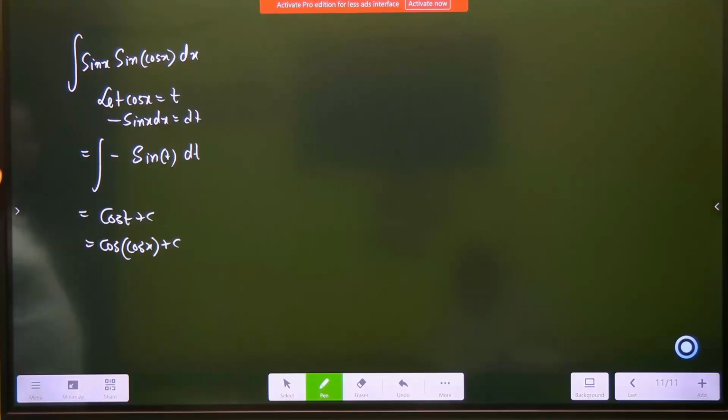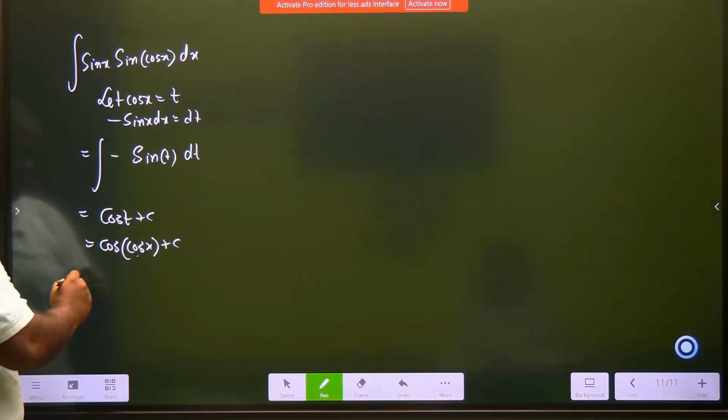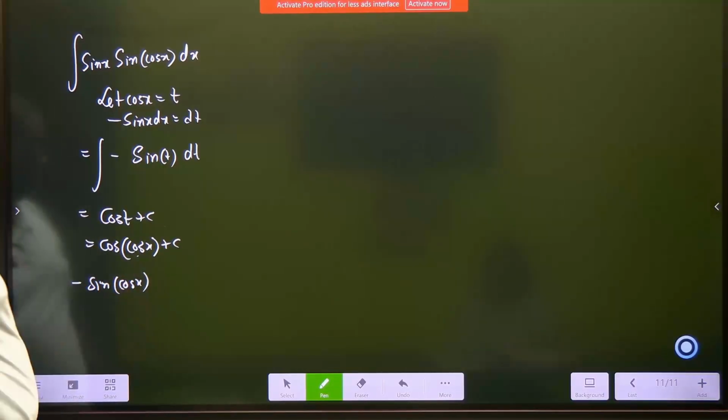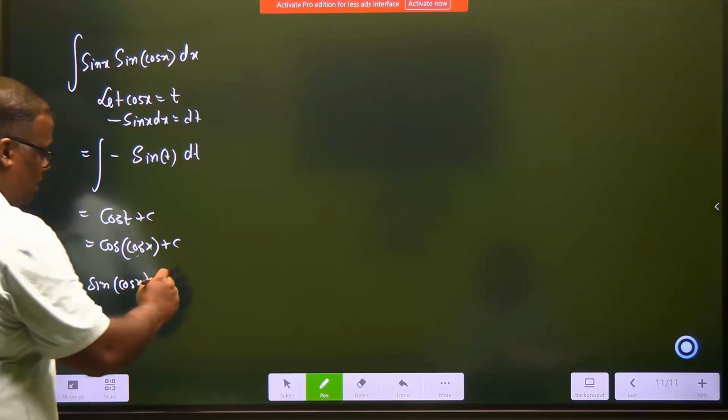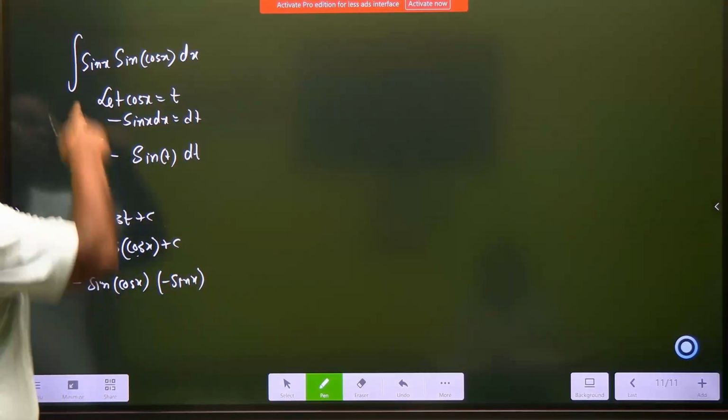Got it? Ajay, you try to differentiate this. Come on. How will you differentiate this? This is dog, dd dog will give you sine of cos x, right? Then d/dx of cos x, another minus sin x, minus plus.